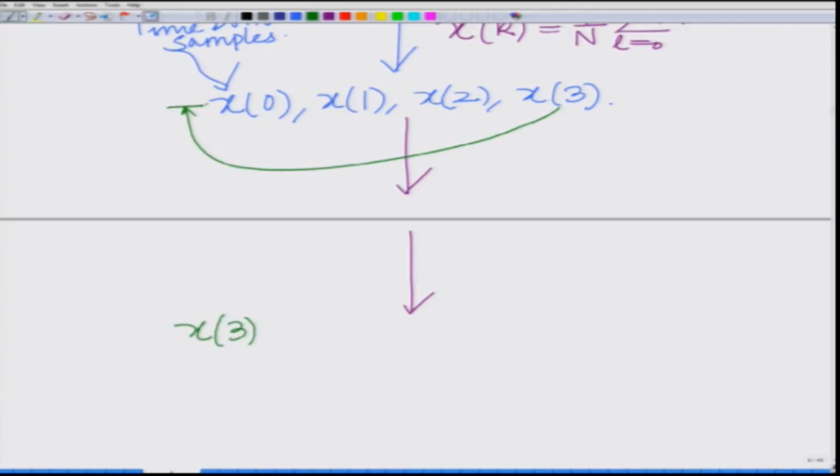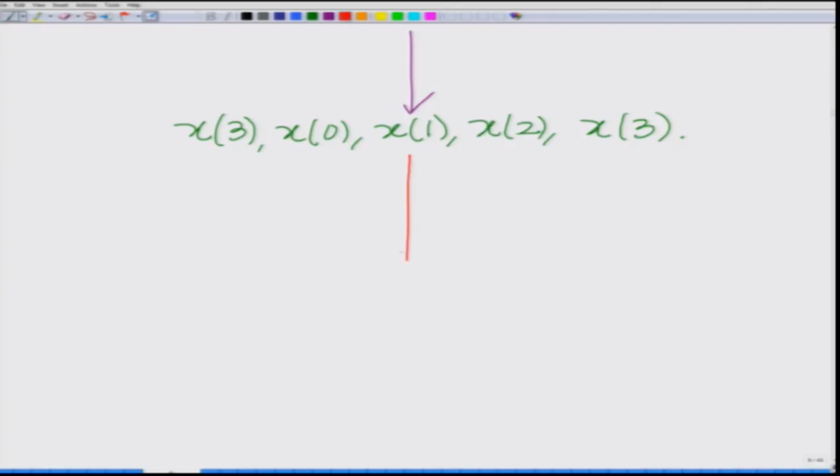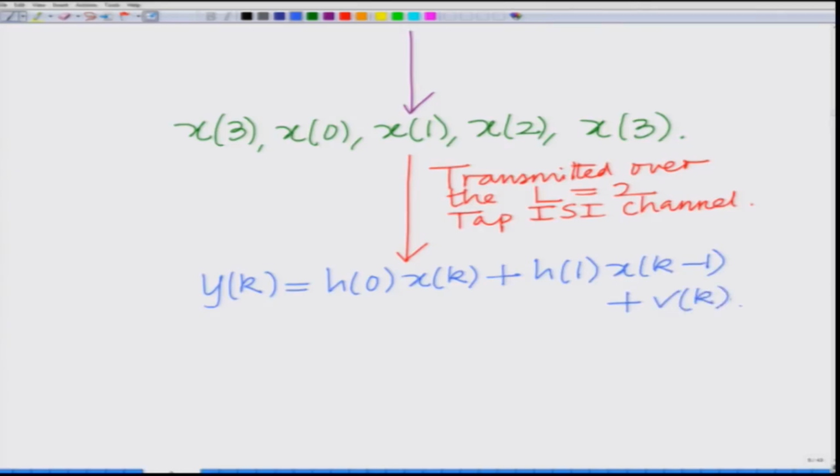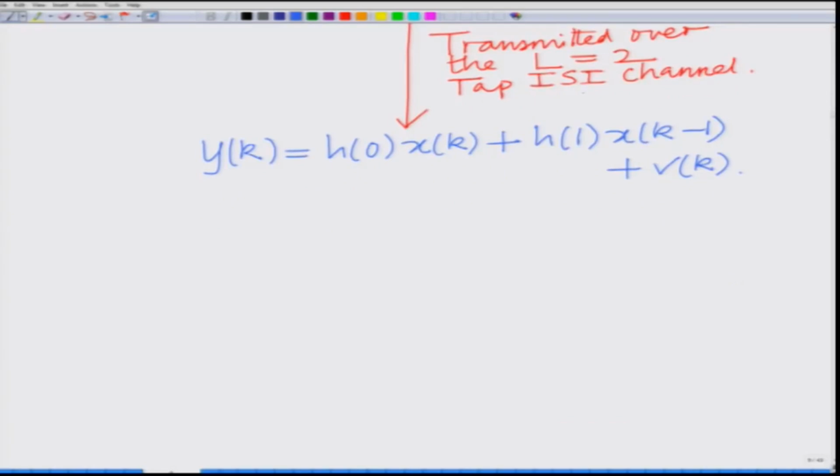So you have now x3, x0, x1, x2, x3, and these are transmitted over the L equal to 2 tap ISI channel, which is your y_k equals h0 x_k plus h1 x_{k minus 1} plus v_k.